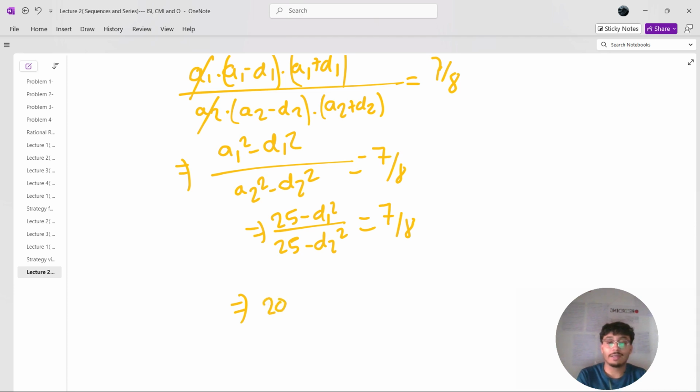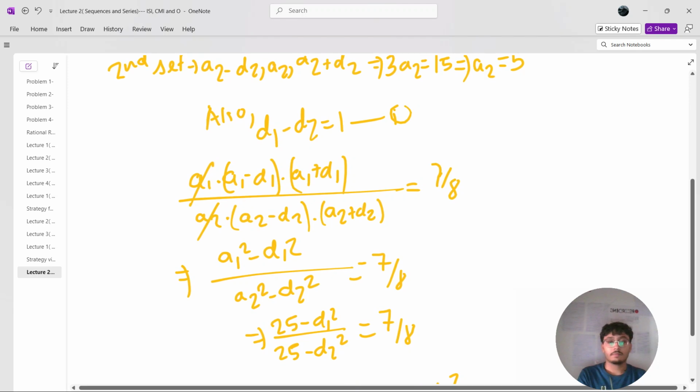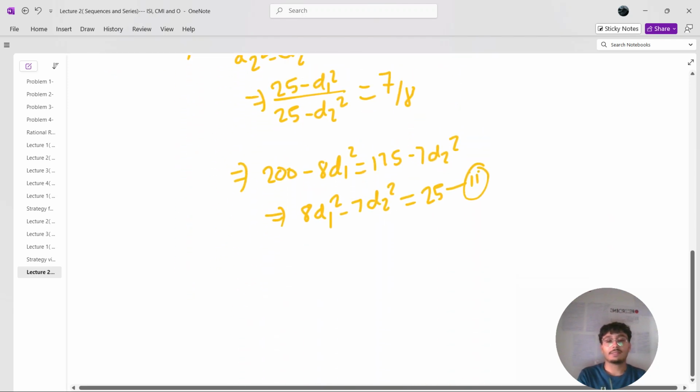So 25 into 8 gives 200 minus 8 D1 square equals 175 minus 7 D2 square. Bringing that to that side, 8 D1 square minus 7 D2 square is 25. This is my another equation. But D1 minus D2 is 1 and 8 D1 square minus 7 D2 square is 25.